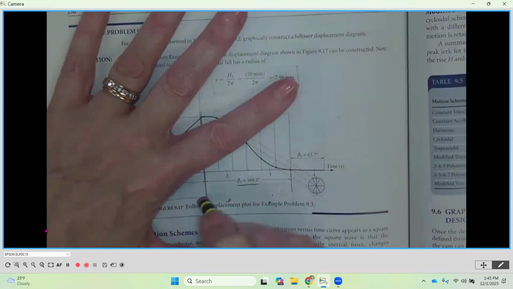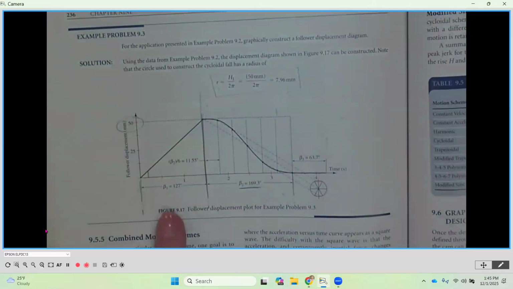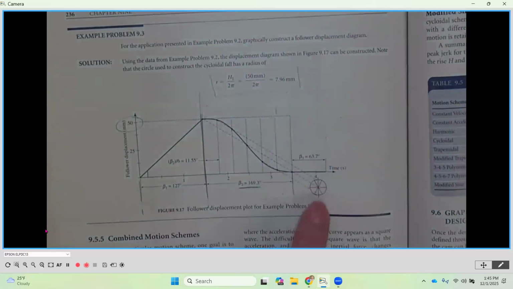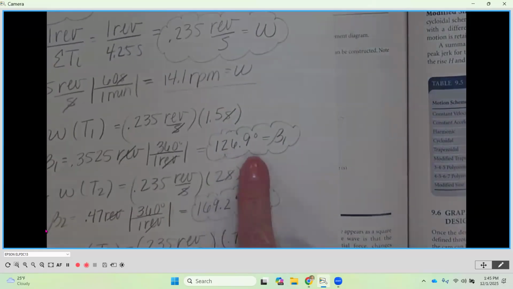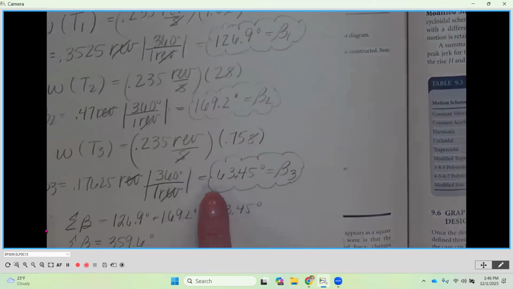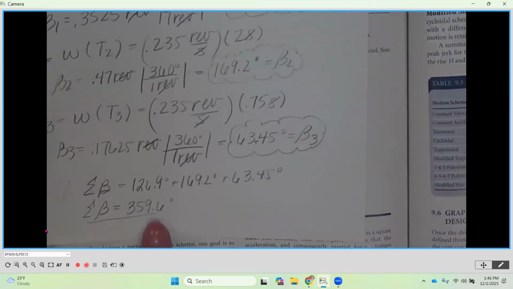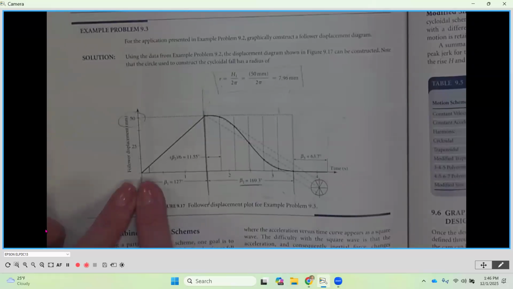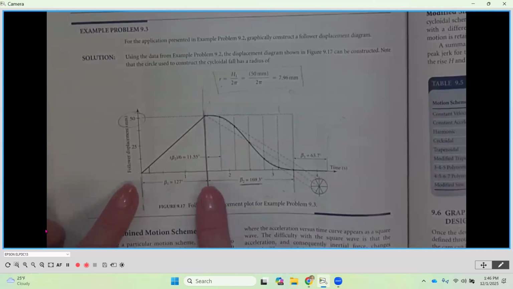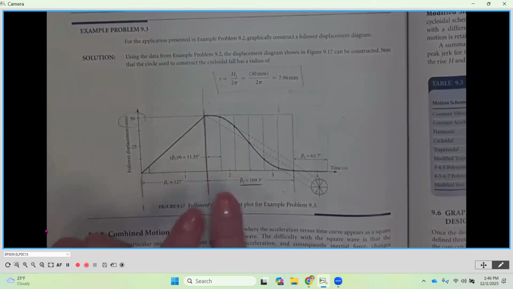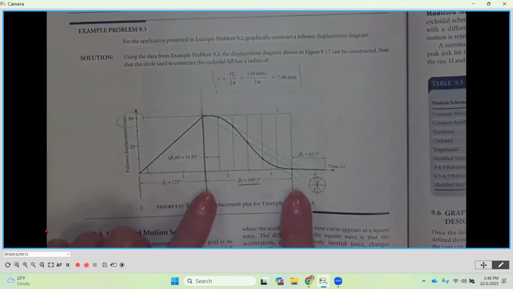Now, we have 3 time frames. We have beta 1, beta 2, and beta 3, which we calculated: 126.9 or 127, 169.2, and the 63.45. Again, adding those up, we get 360 degrees. So when we go from 0 to 127, that is going to be our first chunk. Then adding another 169.